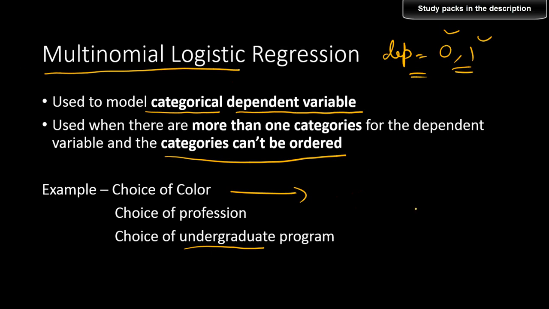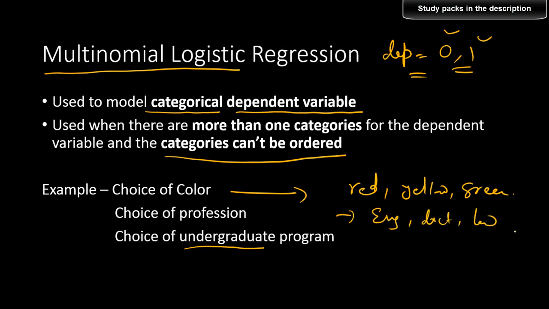And remember one thing, in multinomial logistic regression, the categories cannot be ordered. When it comes to choice of color, let's say there is red, yellow, and green. You cannot actually order these colors, right? They're of the same strength. Similarly, choice of profession: somebody wants to be an engineer, doctor, or lawyer, and you cannot order them in any way.